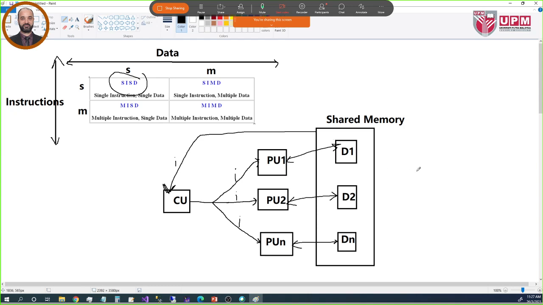Okay, so maybe the result of the first processing unit could be used by the next, but not in here. The result of the first processing unit is going to be saved in the memory, and it is not going to be the input of processing unit number 2, and so on.